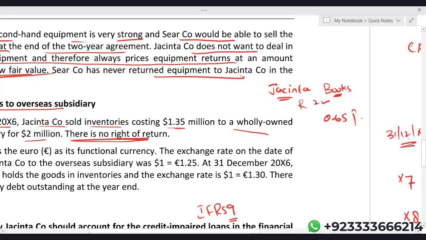In the individual books of Jinta, the revenue will be 2 million and the profitability will increase by 0.65 million. Is this clear? Individual books of Jinta, yes or no? You will recognize the revenue of 2 million and the profitability will increase. This is Jinta's individual books.